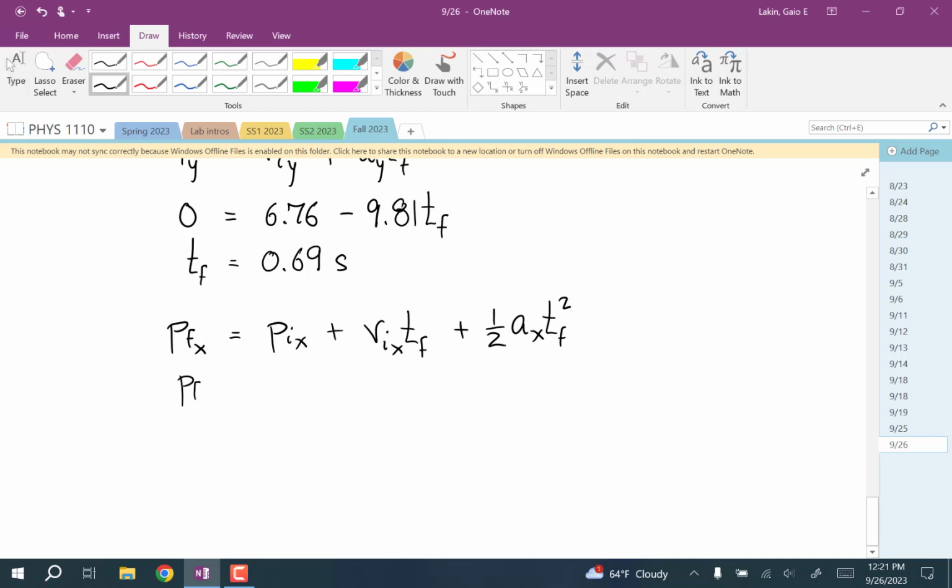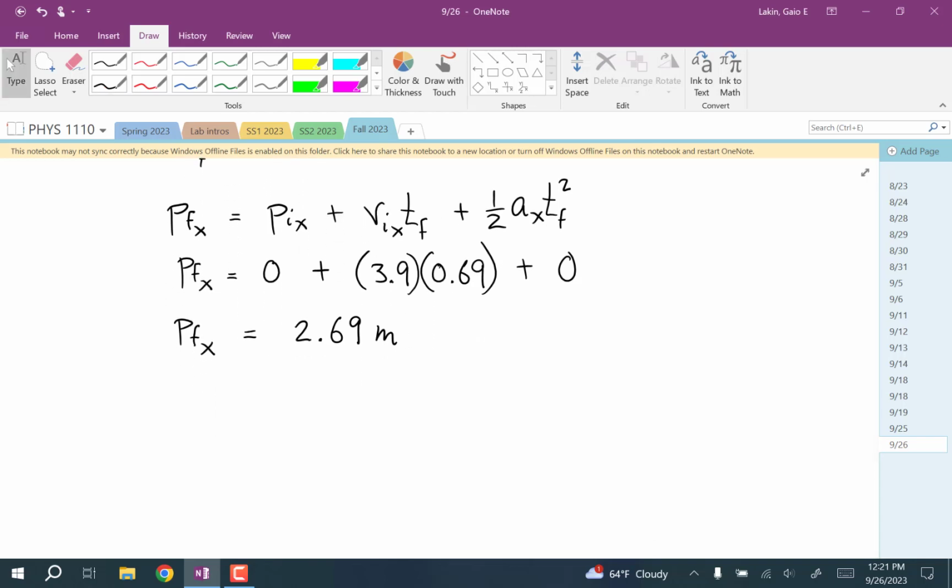So PFX is equal to 0 plus 3.9 times 0.69 plus 0 because AX is 0. And so PFX is equal to, what do you get if you multiply those two? 2.69 meters.